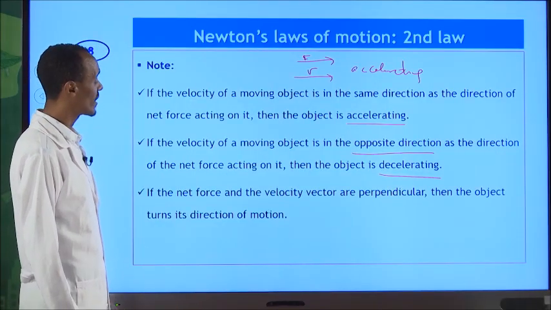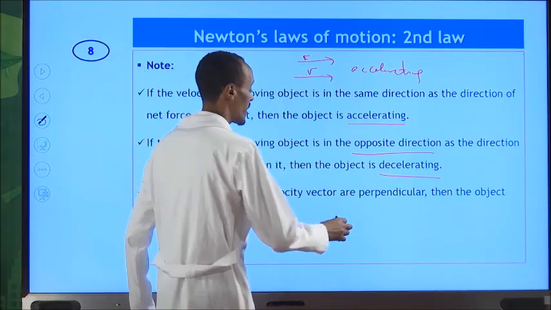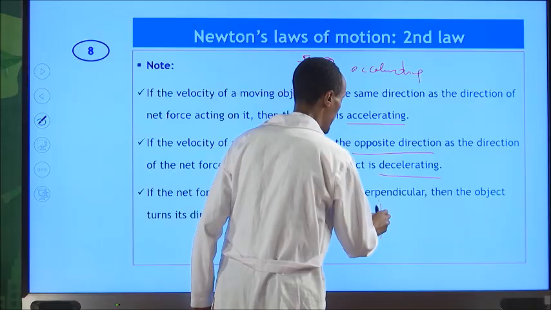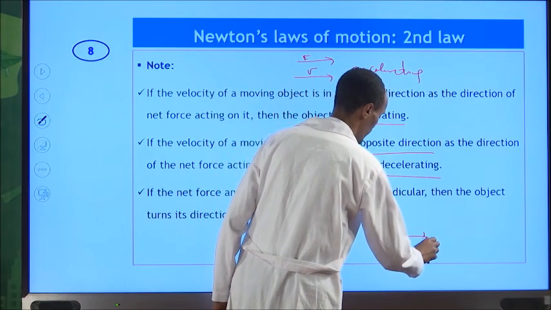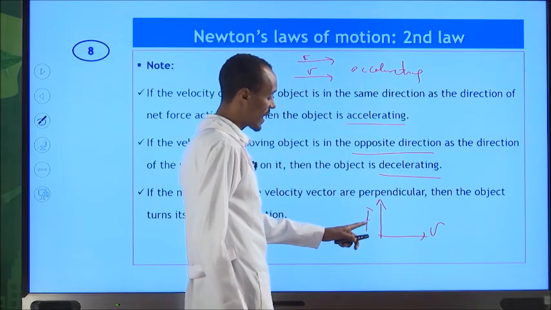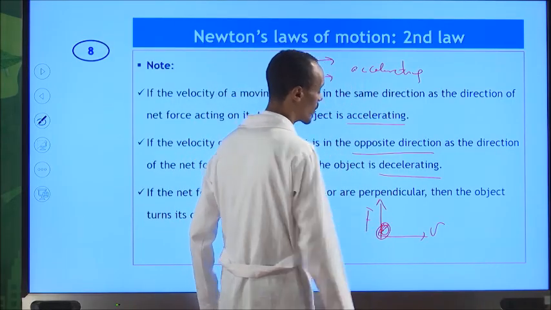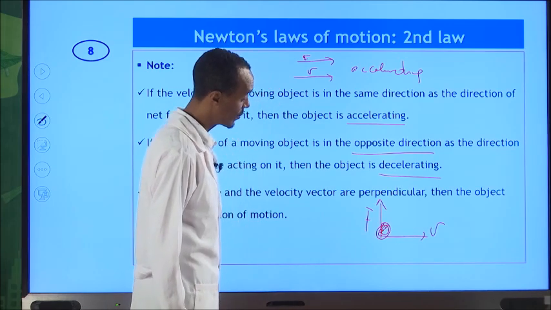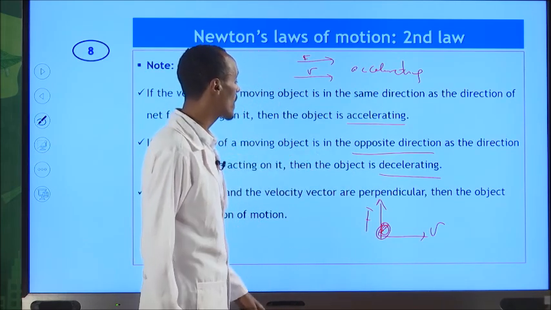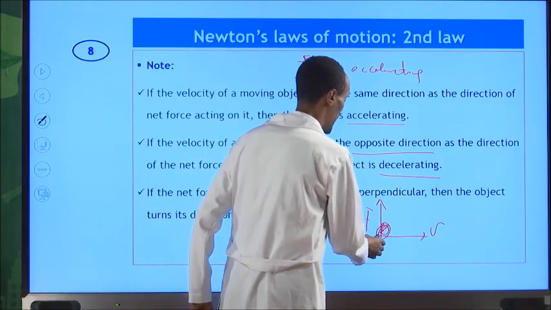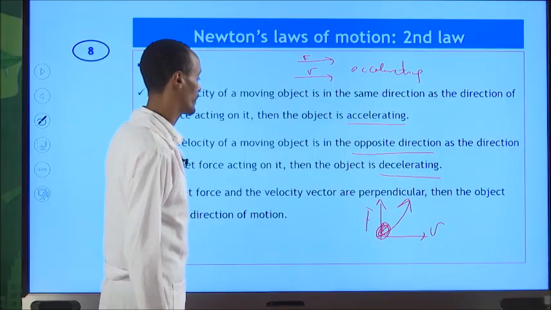Okay, what if they are at different angles to each other? For example, if the force and the velocity of an object are acting perpendicular to each other, assume this is the velocity and this is the force, and here we have the object, then in which direction is it moving? It may decelerate, it may accelerate, but it is in between, and most of the time it follows a circular path.